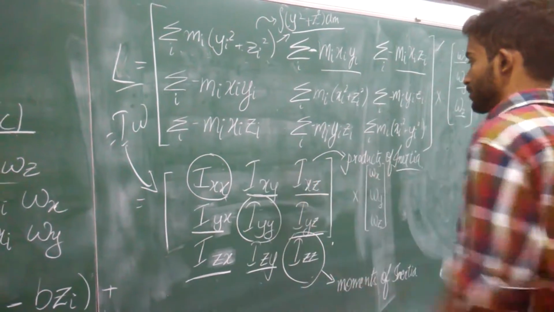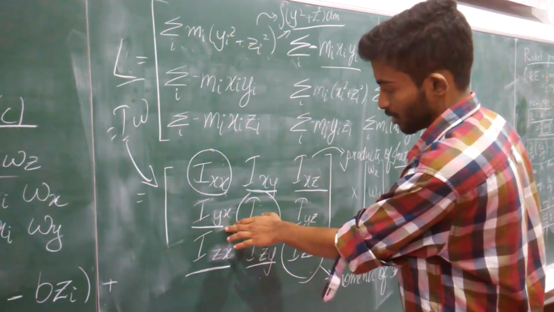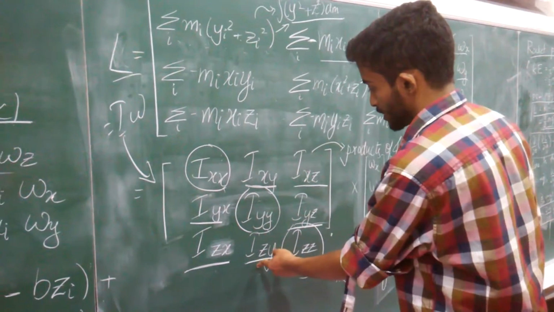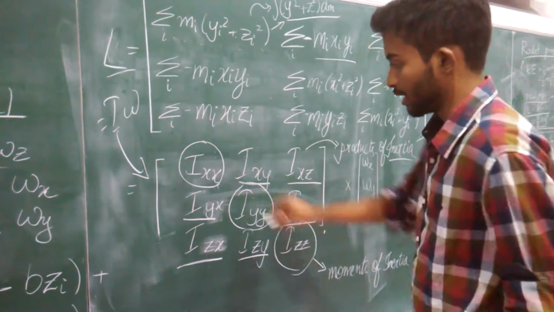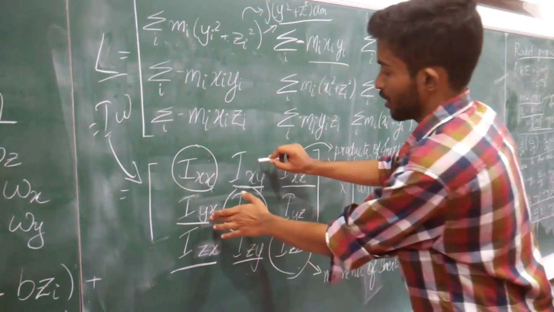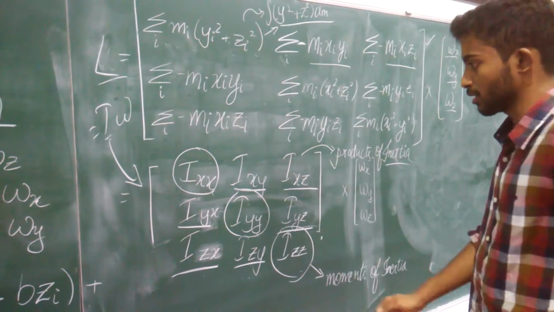This matrix is a symmetric matrix, that is Ixy = Iyx, Izx = Ixz, and Izy = Iyz. These diagonal elements are known as moments of inertia, and the elements other than the diagonal elements are known as products of inertia.